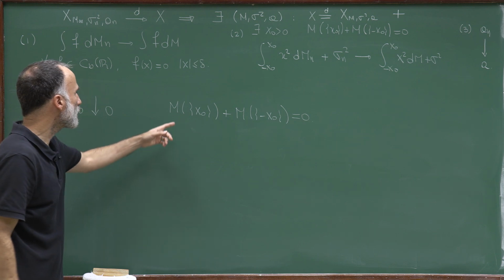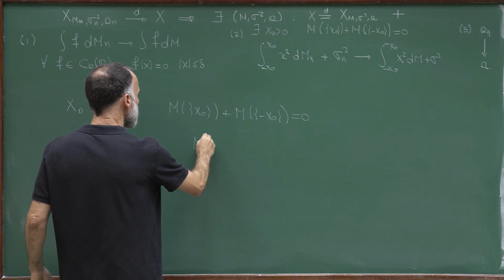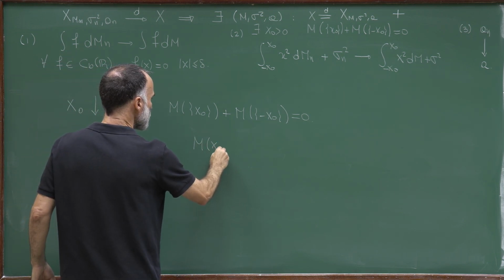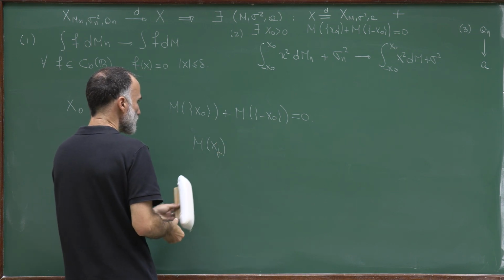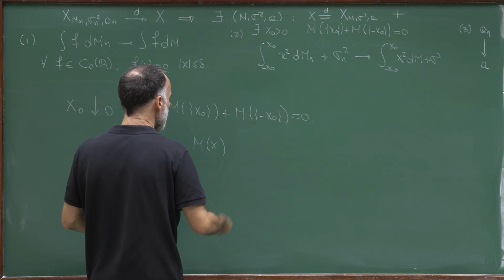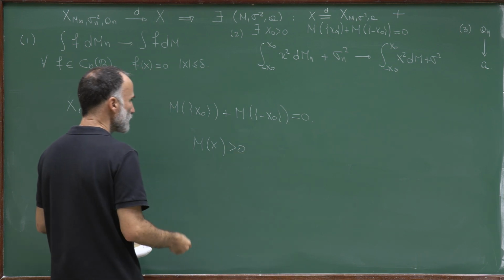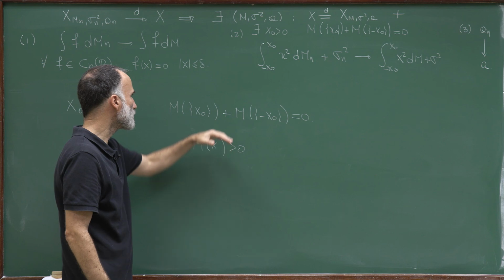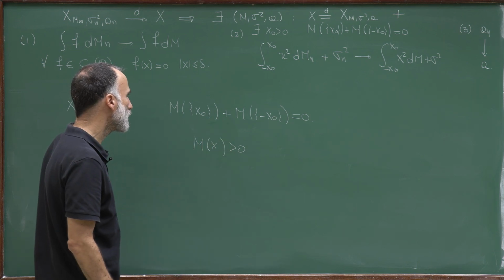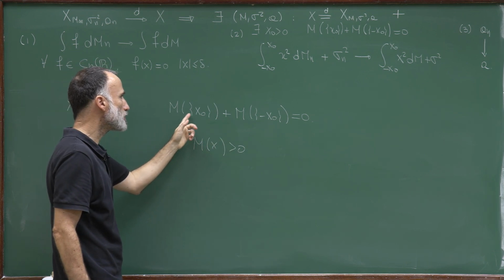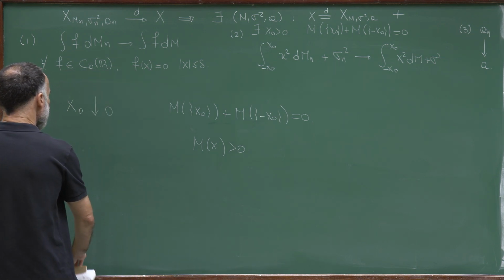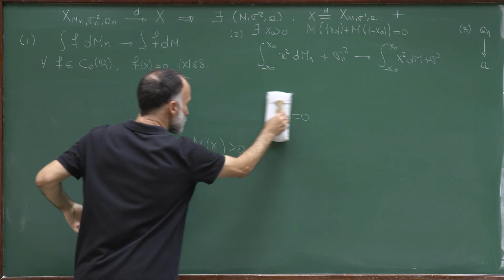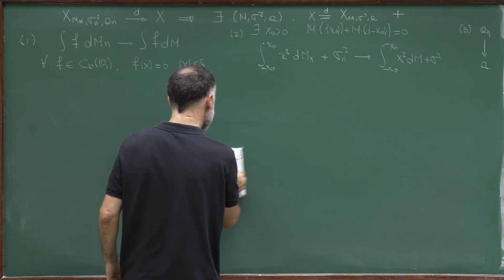But since there are at most a countable number of points such that m of {x} is positive, because m is a Lévy measure, we can find a sequence of points converging to 0 which satisfies this property. So maybe I didn't insist enough on that point.